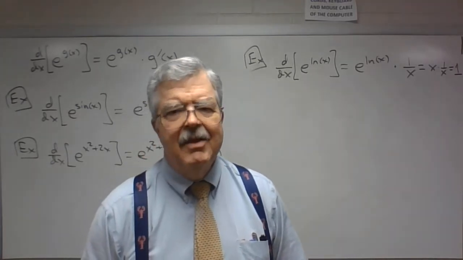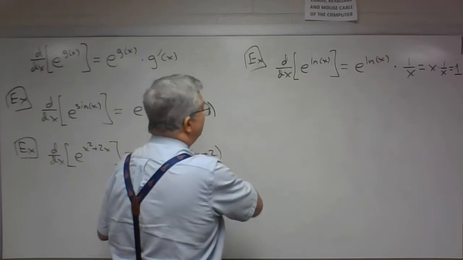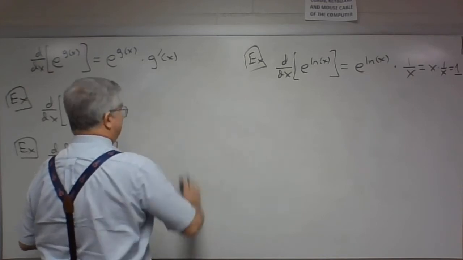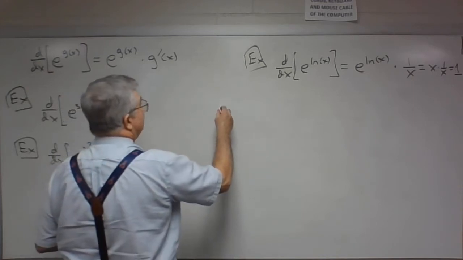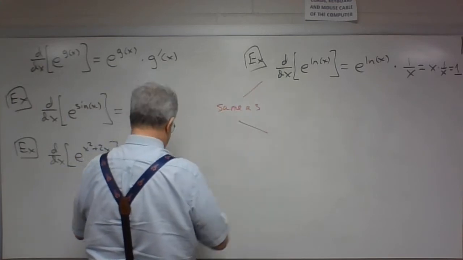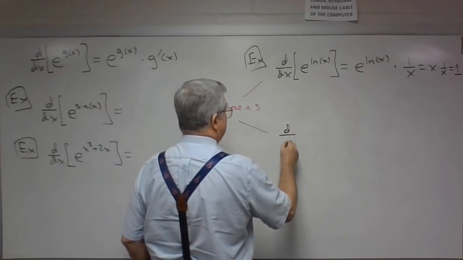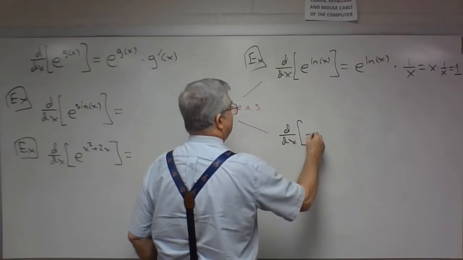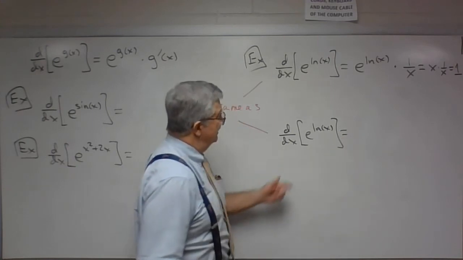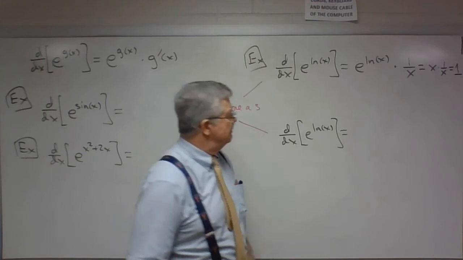Really? Well, let's do this a different way. I get to use my colored markers here. I love that. e to the natural log of x is just x, right?